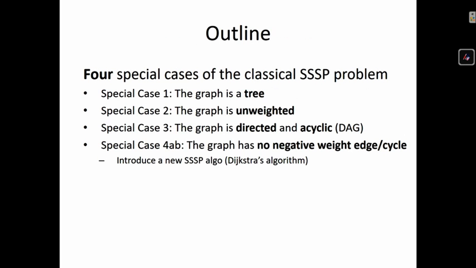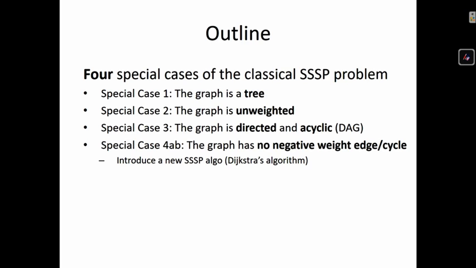Okay, so for today's lecture, we'll be continuing the discussion on the single source shortest path problem. We'll discuss 4 special cases of this very classical SSSP problem. In the previous lecture, we already saw one very general way of solving this, which is using Bellman-Ford, which you can apply to any general weighted graph.